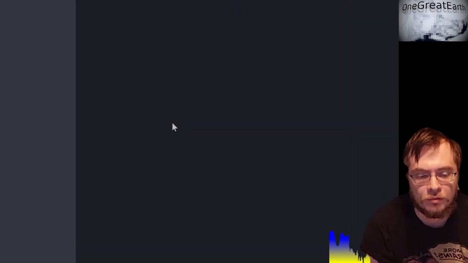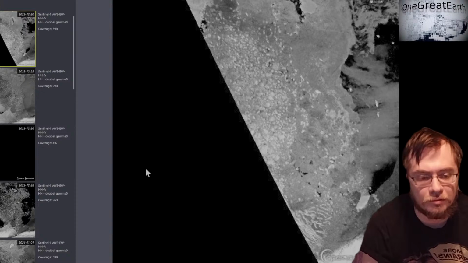Looks like a lot of sea ice right here. Let's take a look. You can see it breaking off to here, to the right.